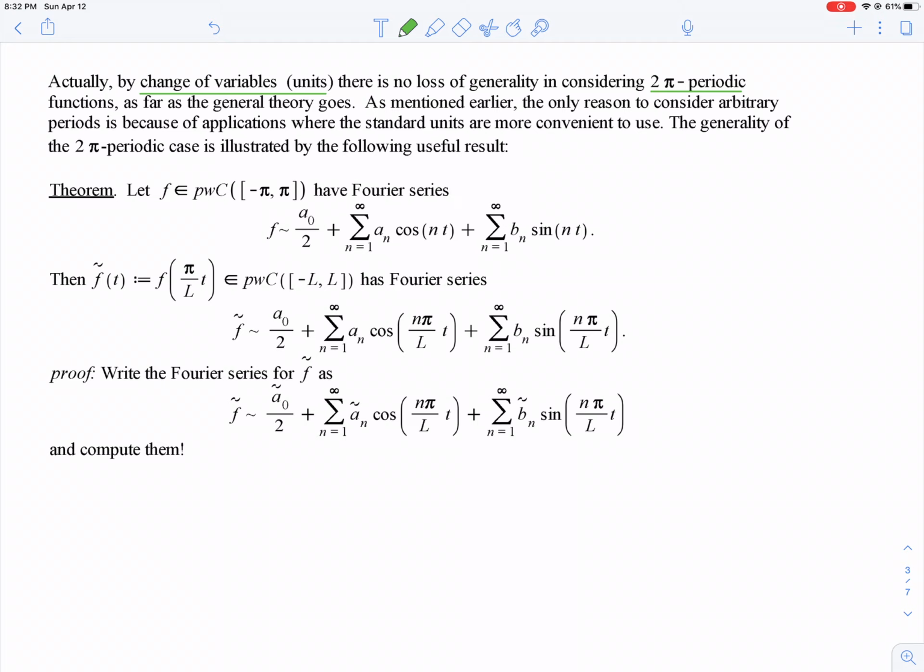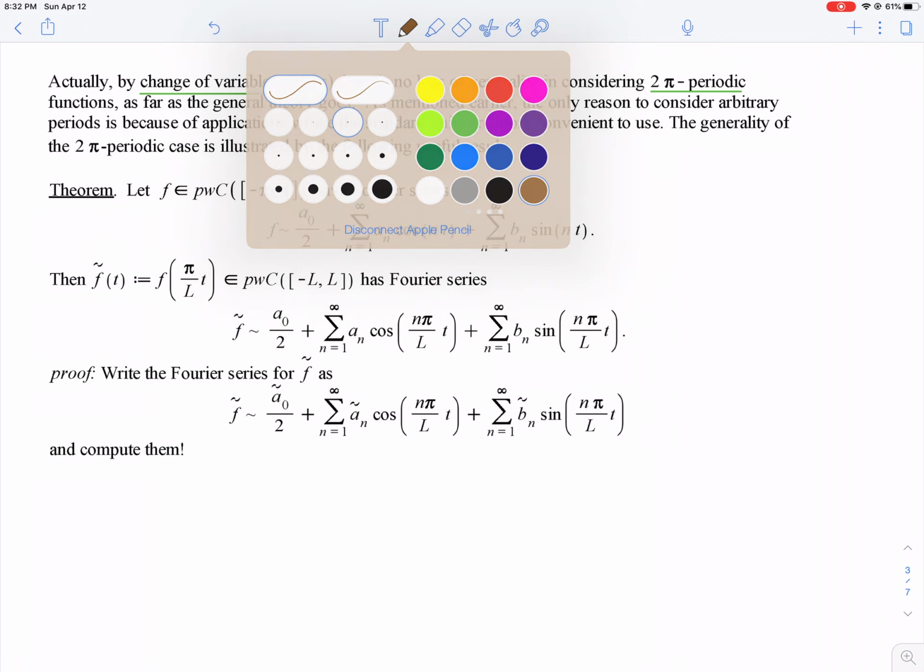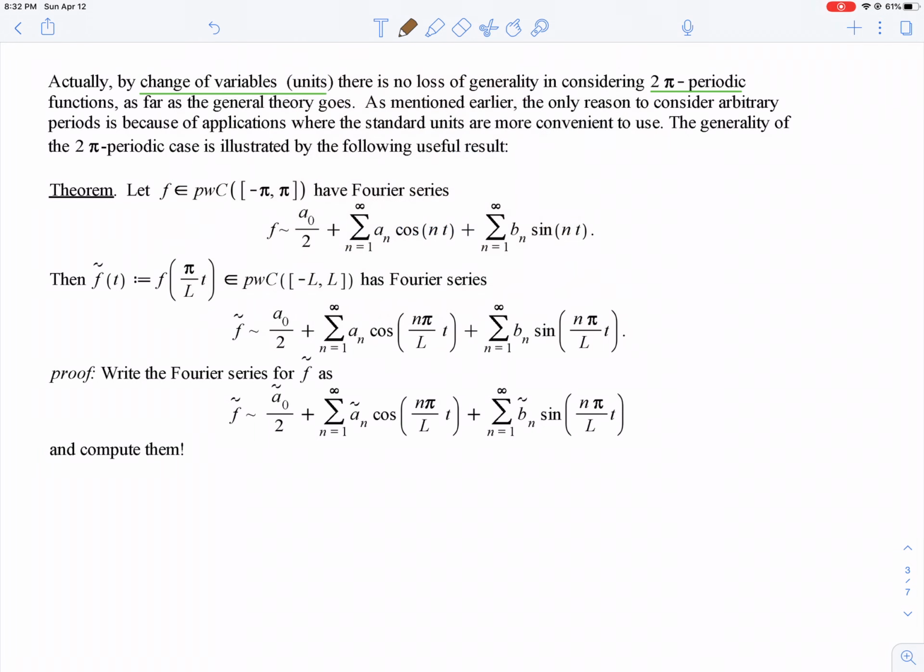Okay, so let's illustrate that fact by talking about the following theorem, which can be useful when you've already found 2 pi periodic Fourier series and you have a function which is 2L periodic, which is related to a rescaling or a linear combination of 2 pi periodic ones. And this shows up in your homework.